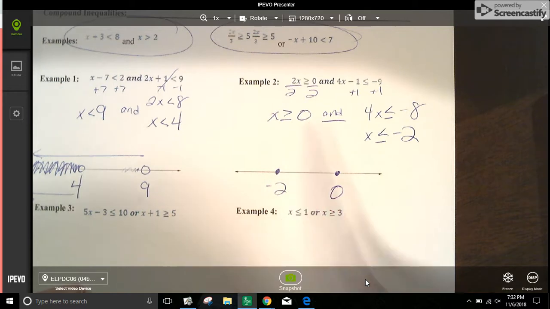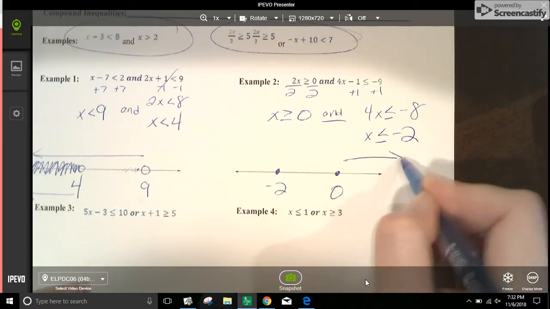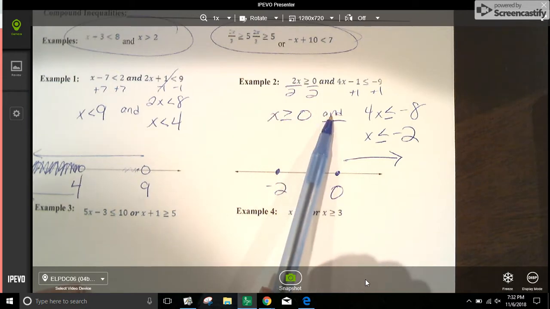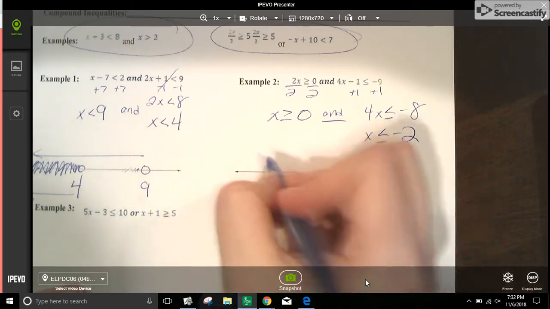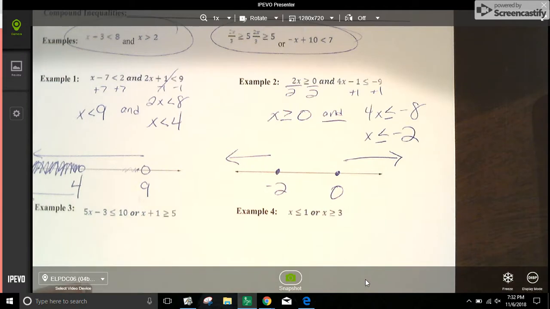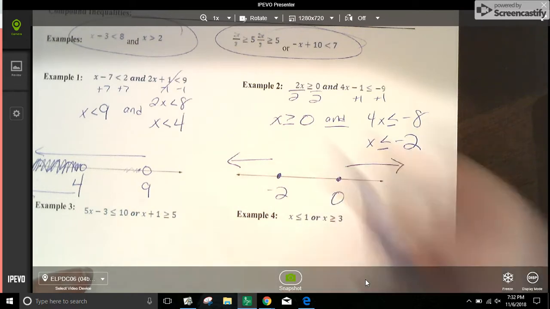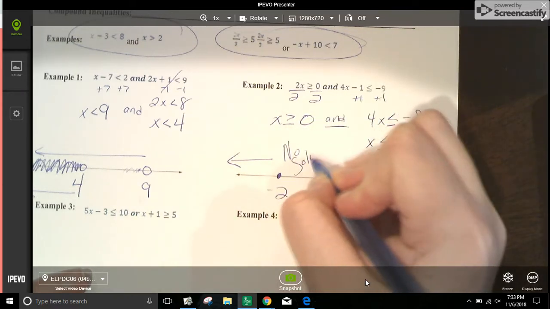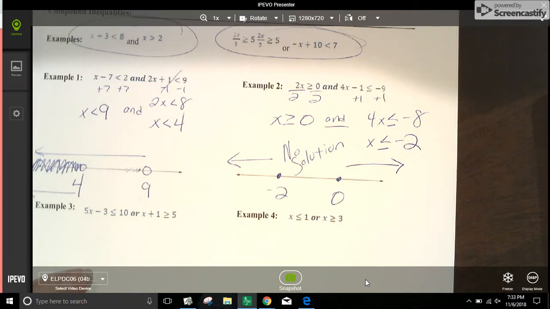X is greater than 0 and x is less than -2. If you notice for this one, there's no part where it overlaps. So these are the two special solutions that we were talking about yesterday. Here there's nowhere where it overlaps. So this would be no solution because there's no overlapping. So there would be no shading.